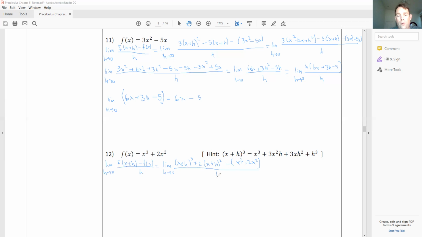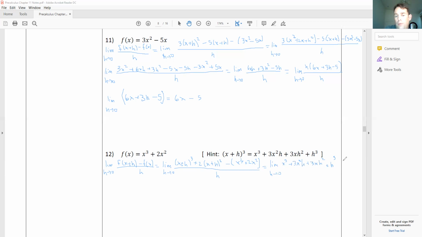I already used the binomial expansion theorem to multiply that one out for you, because I care more about the process than you being able to actually multiply that whole thing out. All right, so let's expand this entire thing here. We have x cubed plus 3x squared h plus 3xh squared plus h cubed.